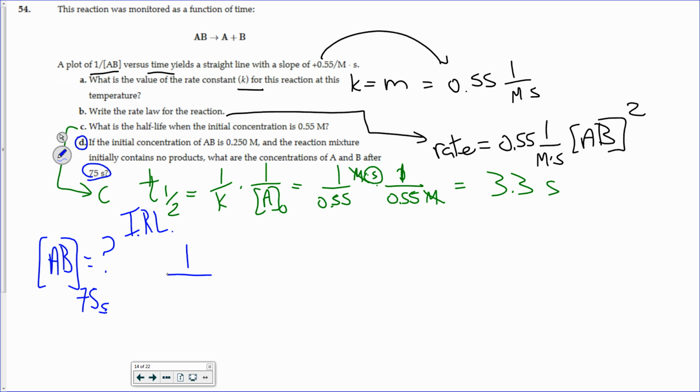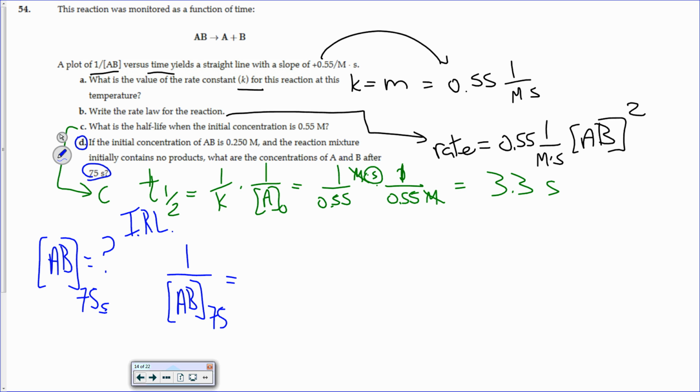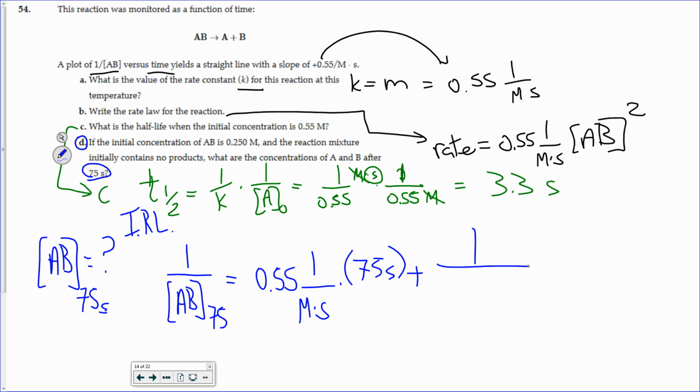So 1 over the concentration of AB at 75 seconds is equal to KT. K was 0.55 inverse molarity seconds, times T, which is 75 seconds, plus the inverse of the initial concentration.